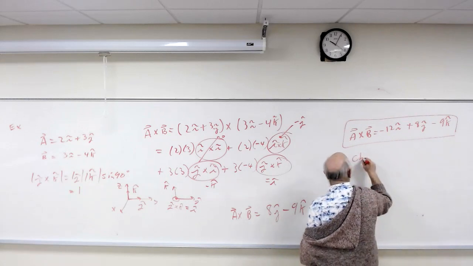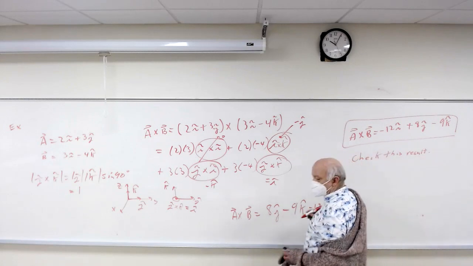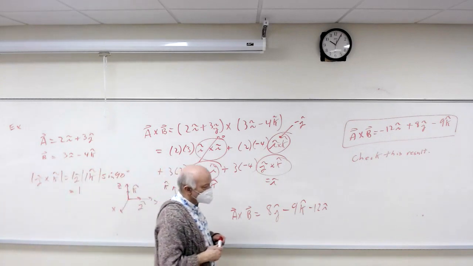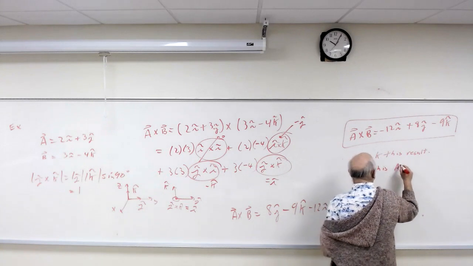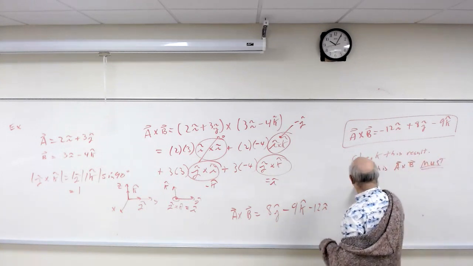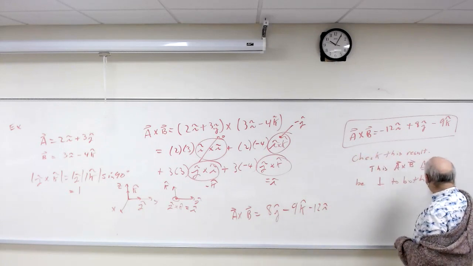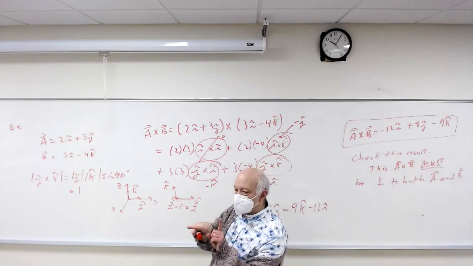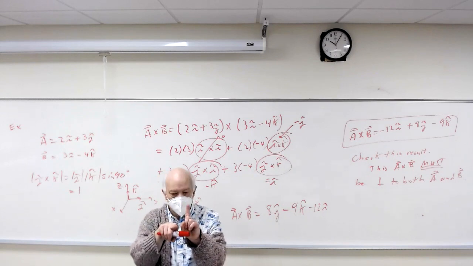Now let's check. How would you check that result? What had that better be? The check is this: A cross B must be perpendicular to both A and B. So if you take the dot product between two vectors that are perpendicular, what is it? 0.